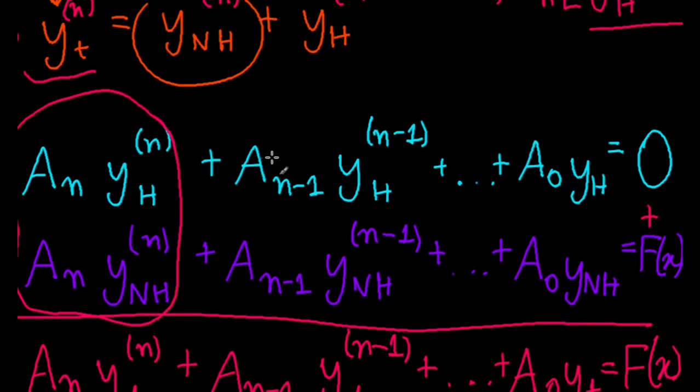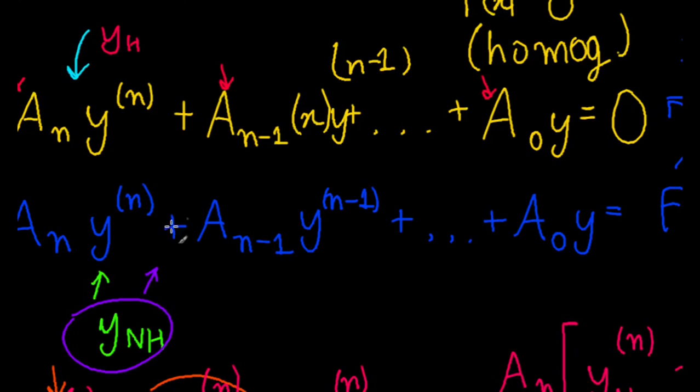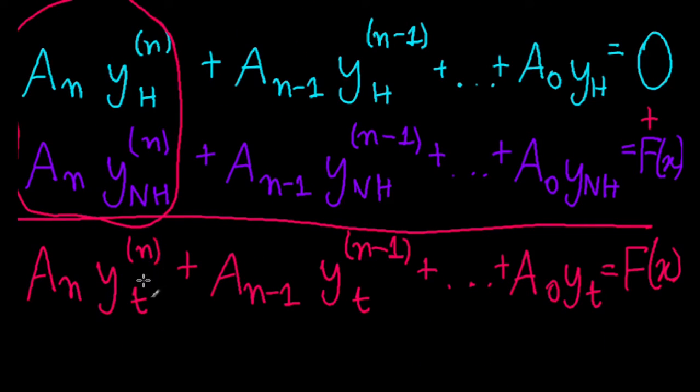Now, what did we find here? We are saying that these two must be valid equations because we assumed that these two functions are solutions to this and this respectively. So if these two are valid, and I just add these two equations, this also has to be a valid equation. But what this equation tells us is that y sub t, our test function, actually satisfies the non-homogeneous differential equation.